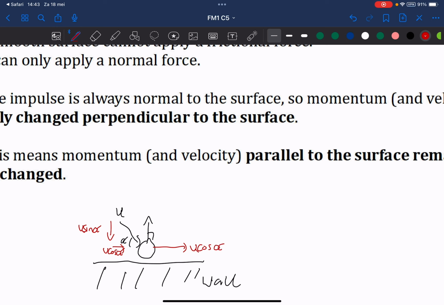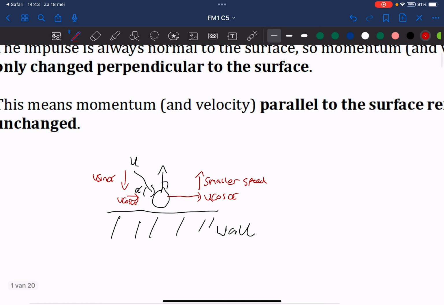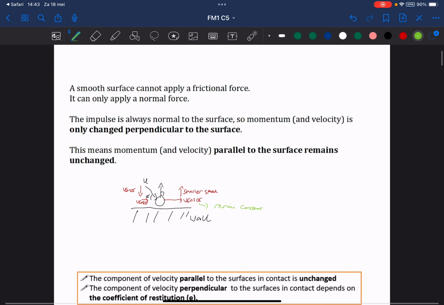But what you would expect is that the speed on the rebound will be a smaller speed compared to u sine alpha. And the wall, of course, I think what I'm trying to get at here is that these will remain constant.